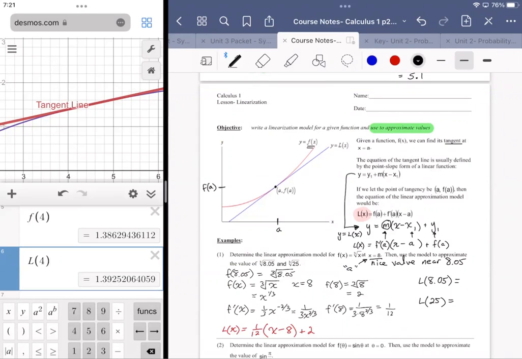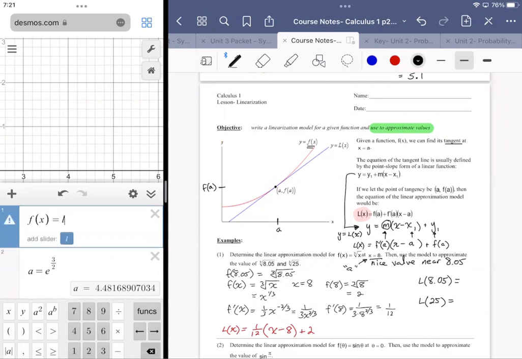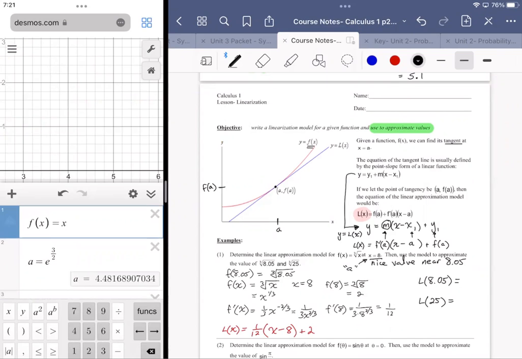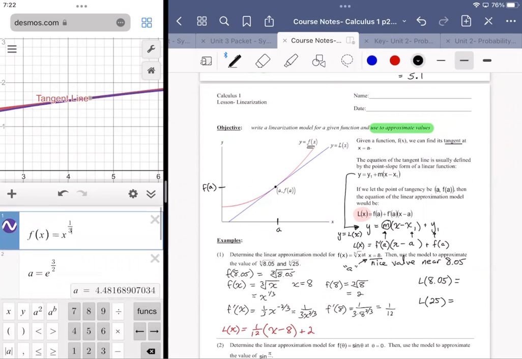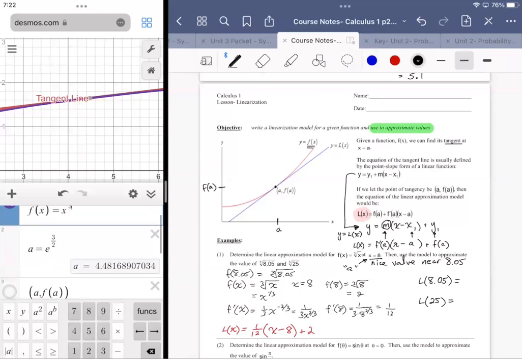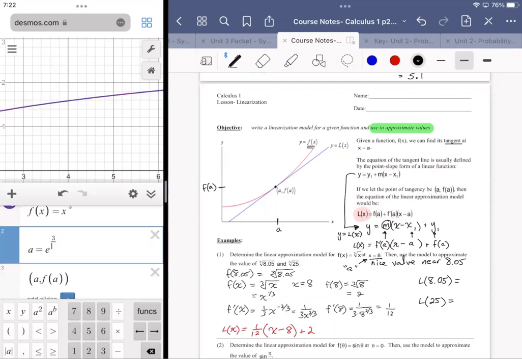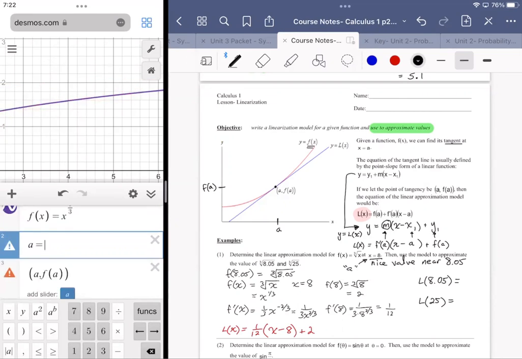Okay. The 8.05 isn't bad, but like I said, we have this Desmos, so why not use it? I mean, I never said that, but here we are using it. So x to the 1/3 is the original function. We have our linearization model, but we want this to be at not e to the 3/2 like that previous example. Our nice value is 8.